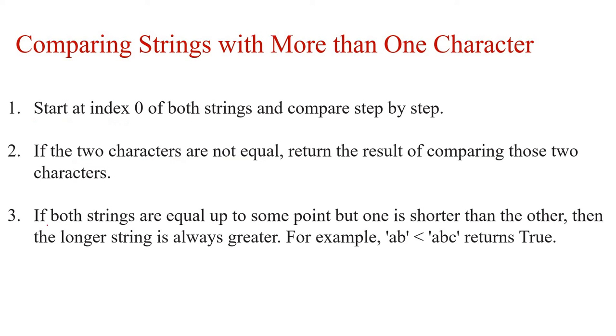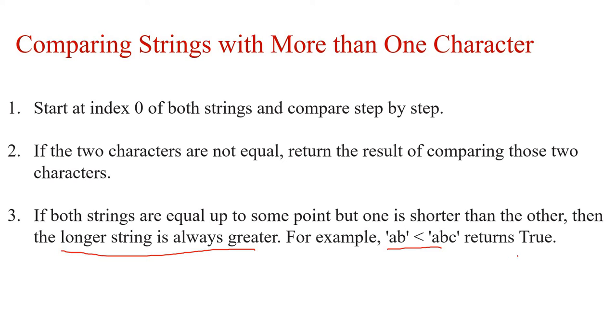And if the two characters are equal to each other, Python is going to go to the next character and check if it's equal or not. If both the strings are equal to each other up to some point, but one is shorter than the other, Python is going to check which one is the longer string, and the longer string is always greater than the shorter one.